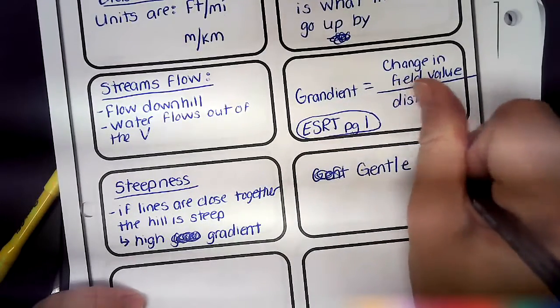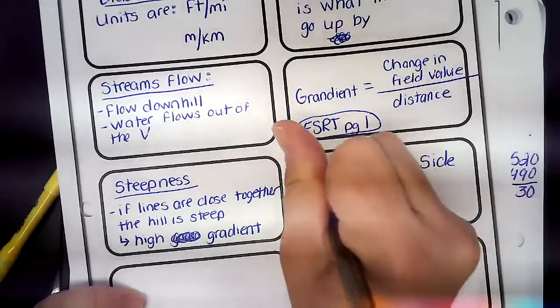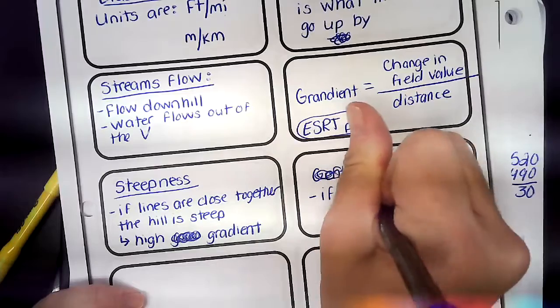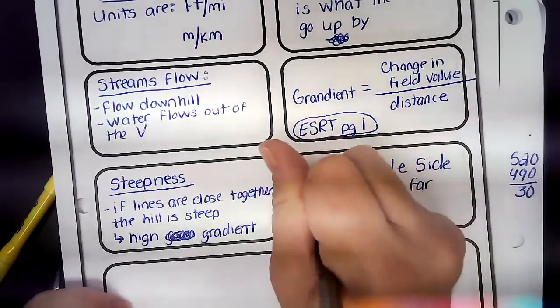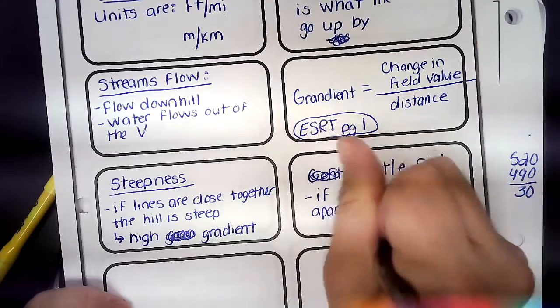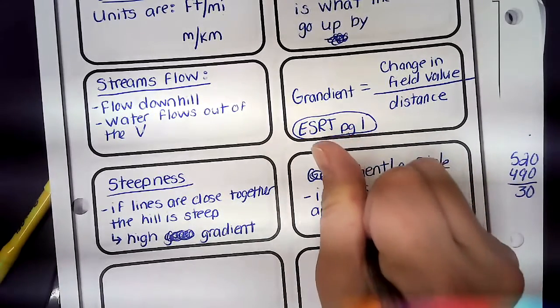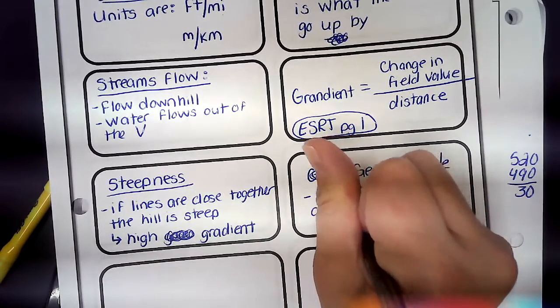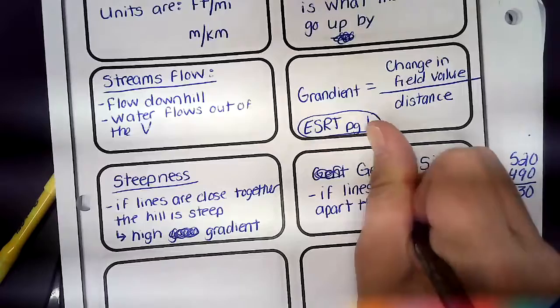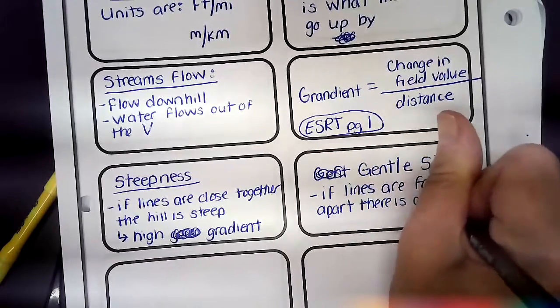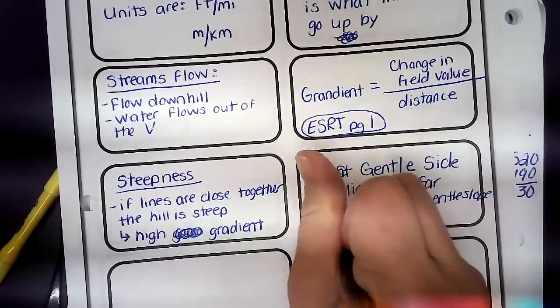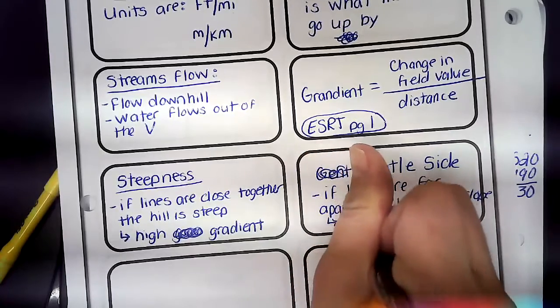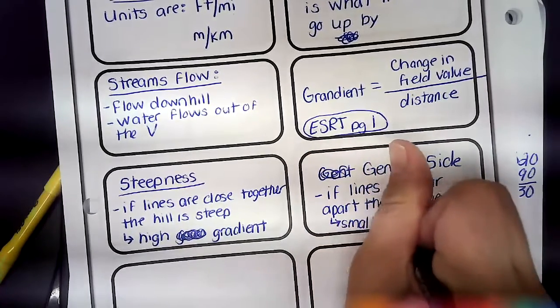Gentle side is if lines are far apart. There is a gentle slope. And this means a small or low gradient.